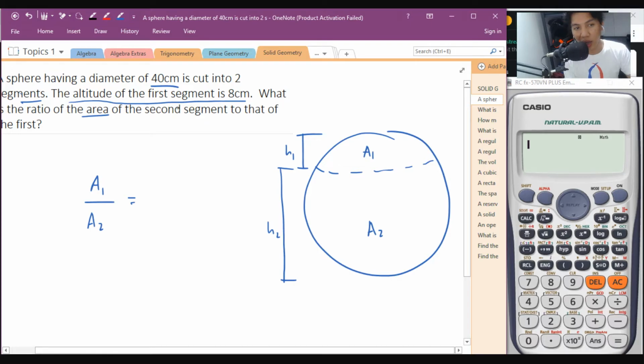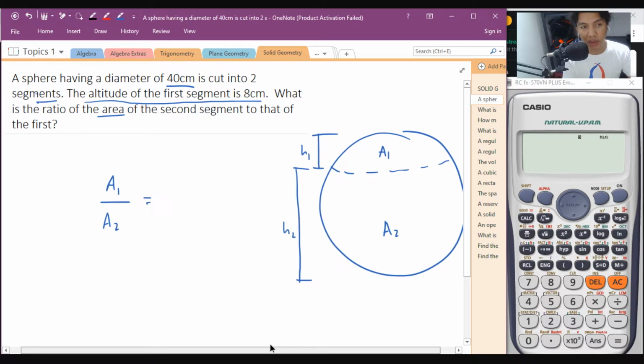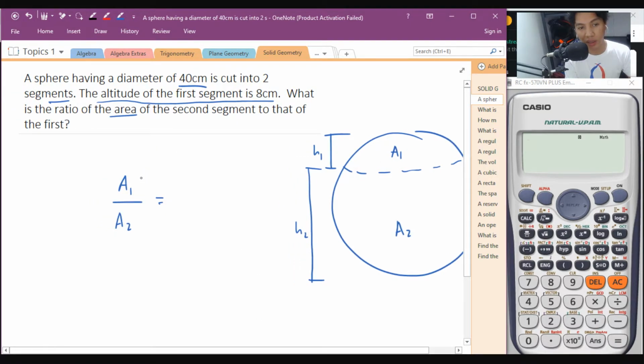The area of the sphere. Segment of the sphere. Ibig sabihin, kunin mo 2 pi r h 1 over 2 pi r 2 h 2. Cancel mo yung 2 pi. Okay na yan. Ano po ba yung magiging ratio between them? Oh, pwede mo na isolve.